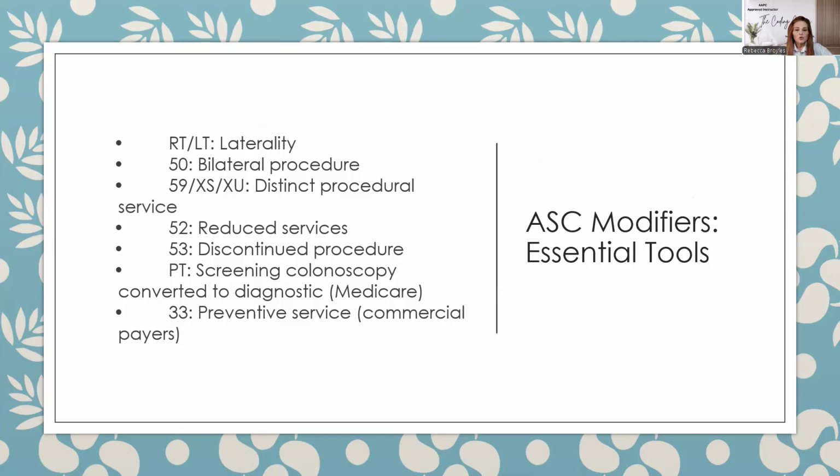The essential modifier tools for the ASC center include RT, LT for laterality, 50 for bilateral procedure, 59, XS, or XU for distinct procedural service, 52 for reduced services, 53 for discontinued procedure, PT, screening colonoscopy converted to diagnostic for Medicare patients, and 33, preventive services for commercial payers.